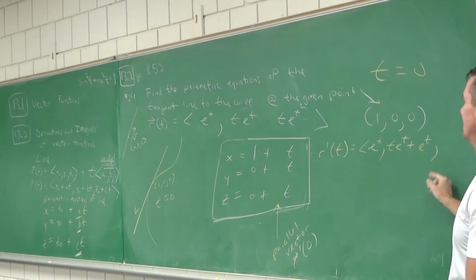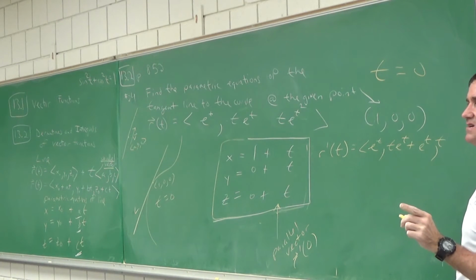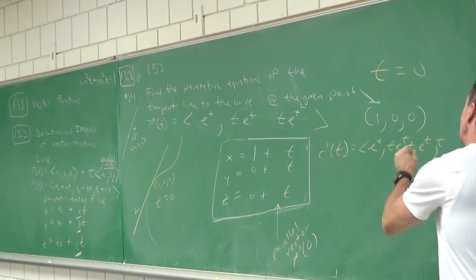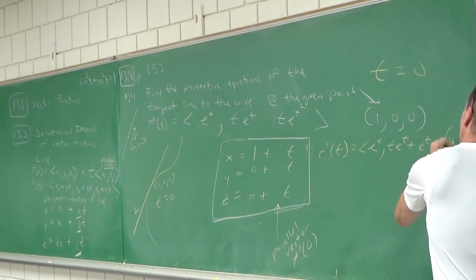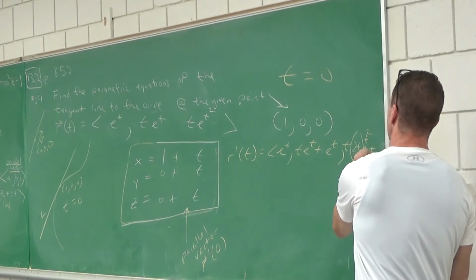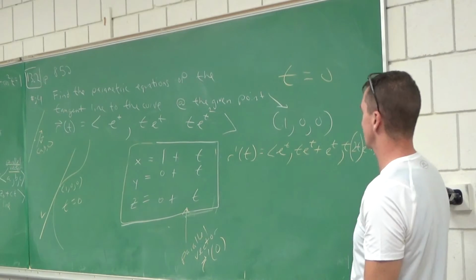It is product rule and what do you call? First times the derivative of the second. What's the derivative of e to the t squared? You need chain rule. Yeah. 2t e to the t squared. Plus e to the t squared. I'll write this again so it's not all crushed in the corner.